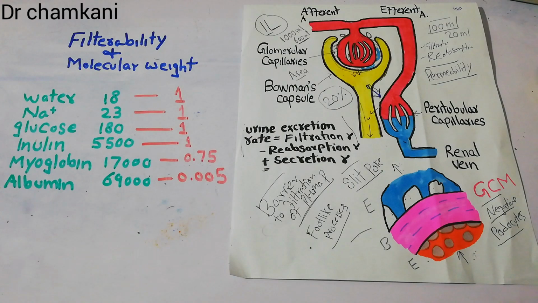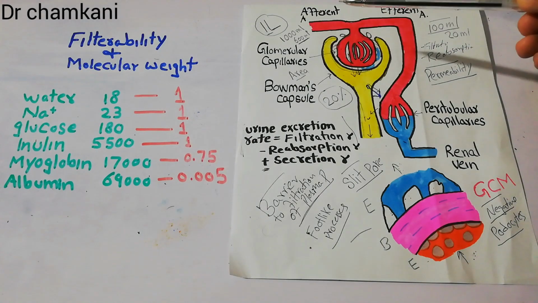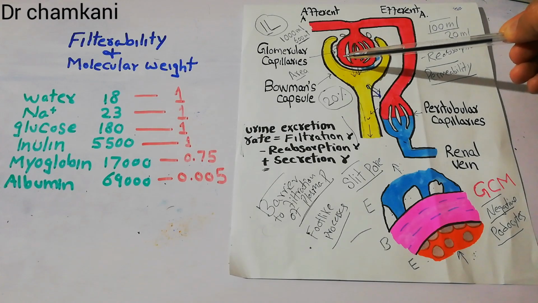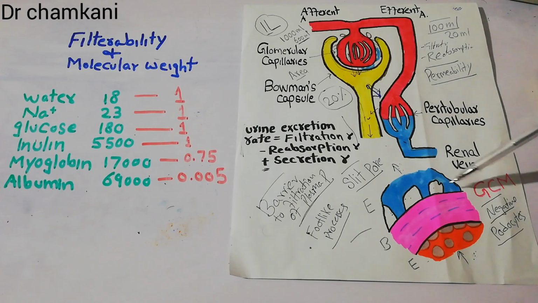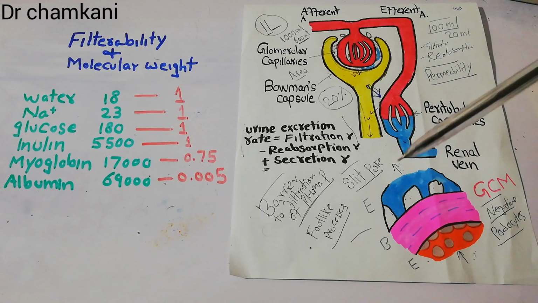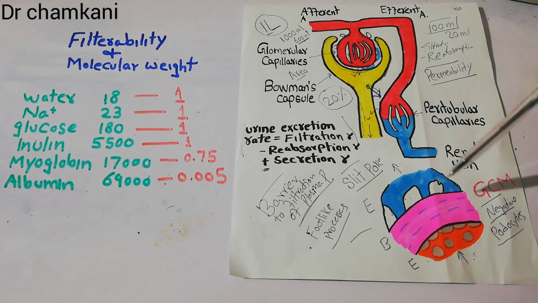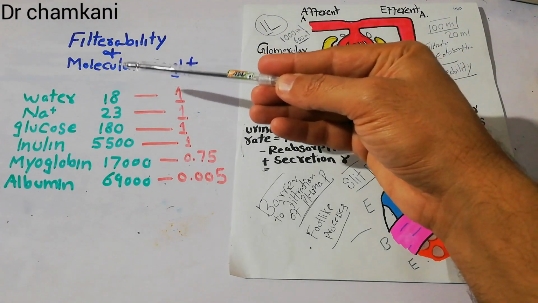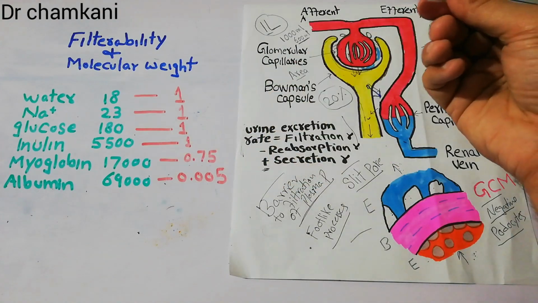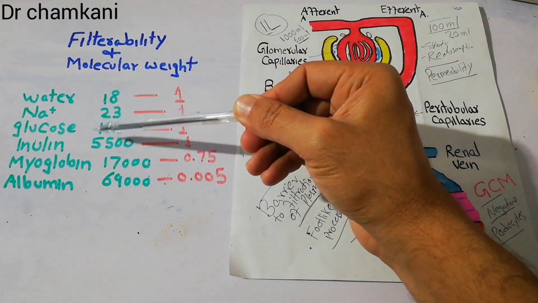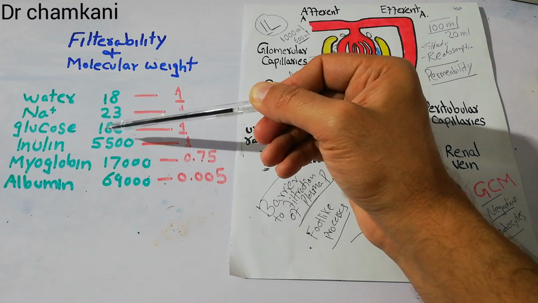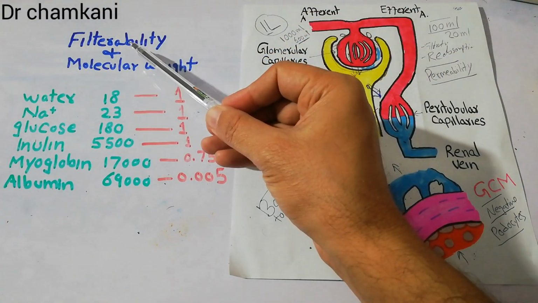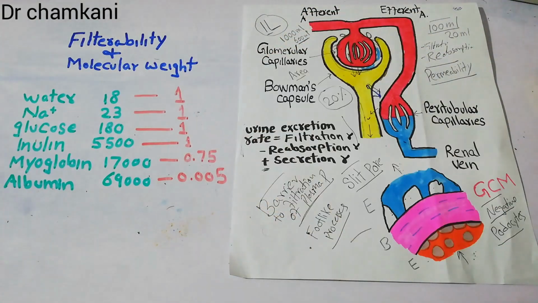So in this lecture, we simply want to explain that urine formation starts with filtration, but filtration has to occur through the glomerular capillary membrane. And in this membrane, the molecular weight of the substances being filtered is very important. If a substance has low molecular weight, the probability of its filtration or its filterability is very high.